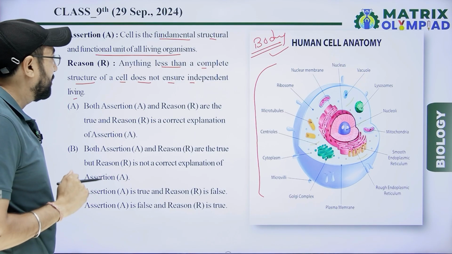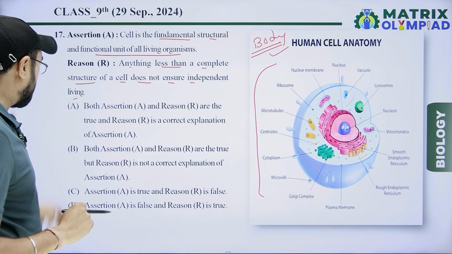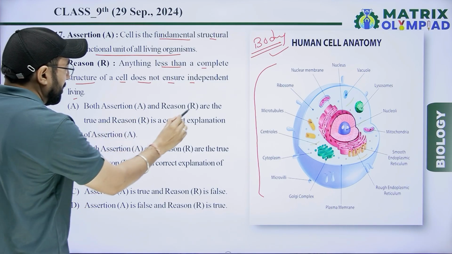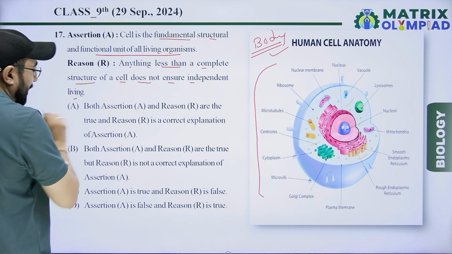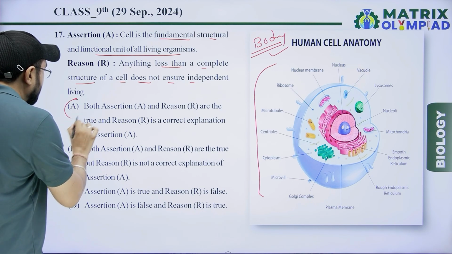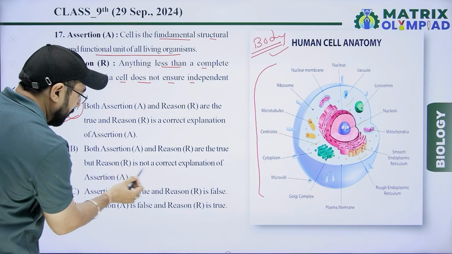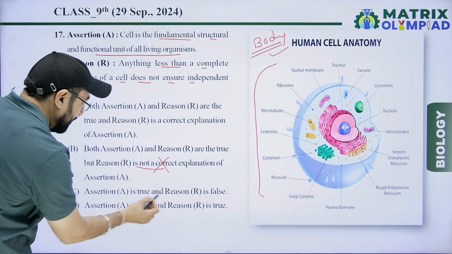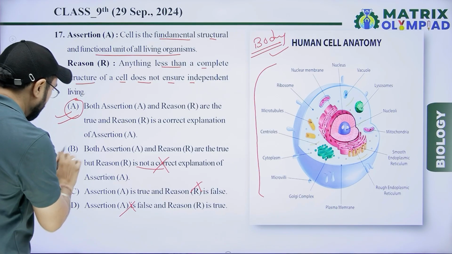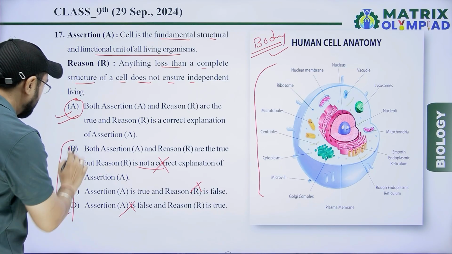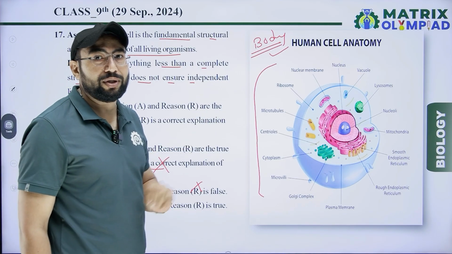That is right. Assertion is right, reason is right. So the option, both assertion and reason are right, and R is the correct explanation of assertion A, is the right answer. The other options, reason not a correct explanation, and false, are wrong. So B, C, D are wrong statements, and A is the right answer.